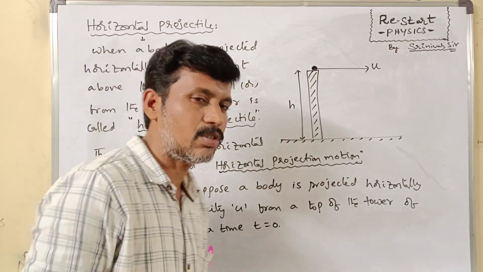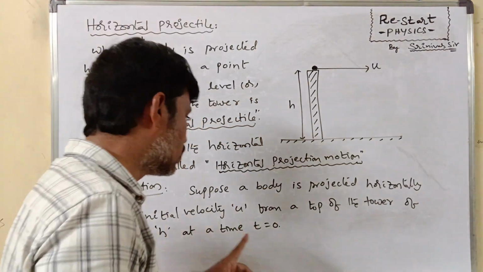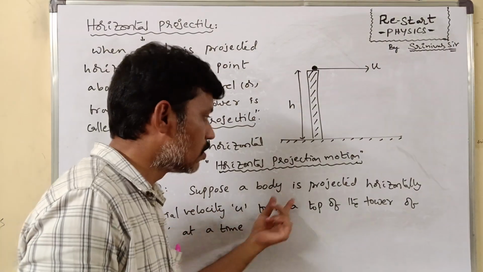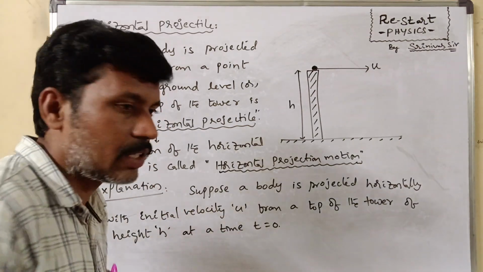Here t equal to 0 means nothing but initially the body is projected horizontally with the initial velocity from the top of the tower.